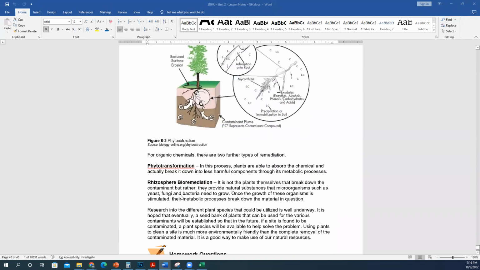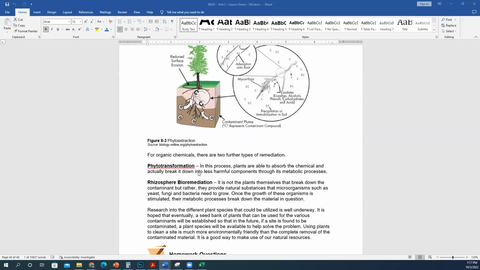Now, if you have organic chemicals, there are two additional types of soil remediation that can be used. One is called phytotransformation. The other one is rhizosphere bioremediation.